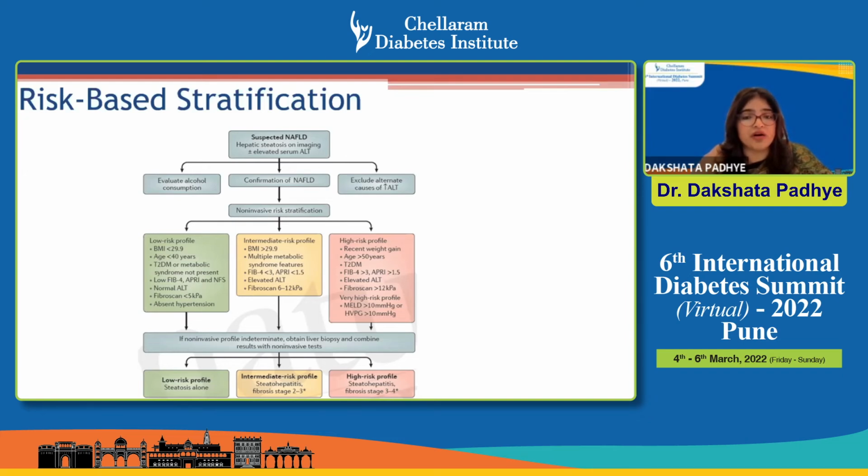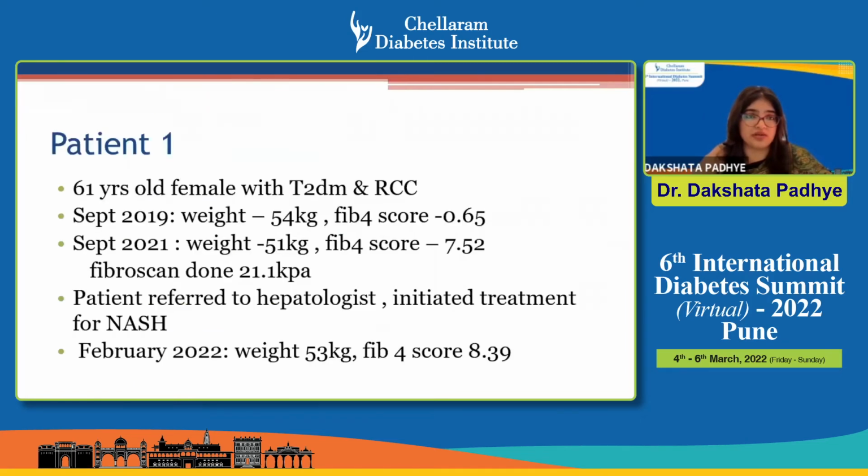And if your stiffness level is more than 12 kilopascal, that is the pink box I'm talking about, the patient goes to fibrosis stage 3 and 4, high risk profile, direct hepatologist reference, and further evaluation of complications is initiated.